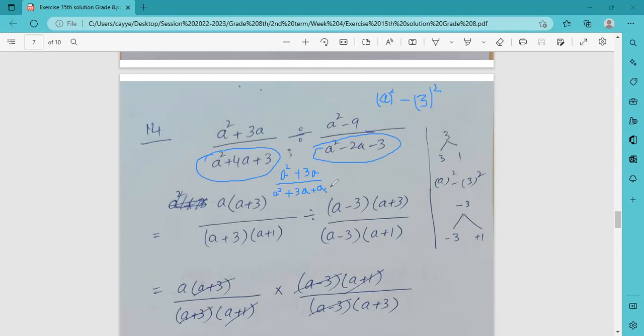This is a plus 3. Now, in the next one, divide sign is the same. So, we are applying a minus b, a minus 3. This is my a minus 3, and a plus 3.